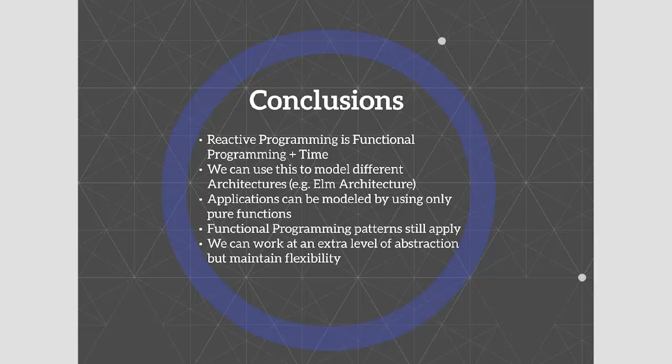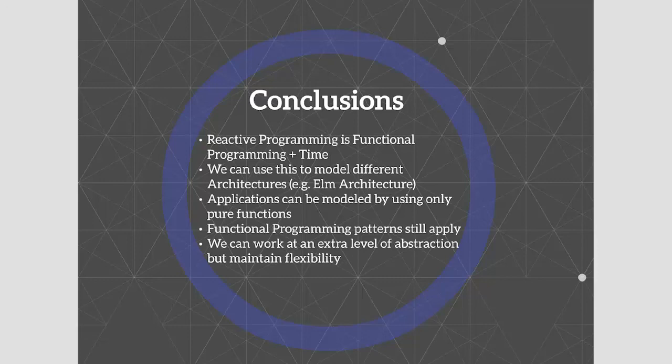I set out to not create some very highly opinionated framework, but just create something that's flexible. So there's no notion of components like in React. There's just functions. If you want to create a component, you can create a case class, or you can just use a function. You can just do whatever you want. You can model your app by using only local state with the scan function, or you can use a store.